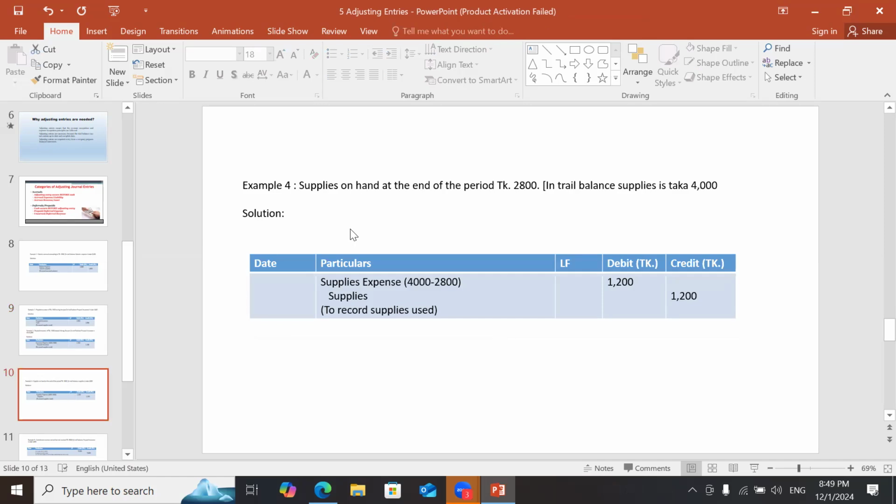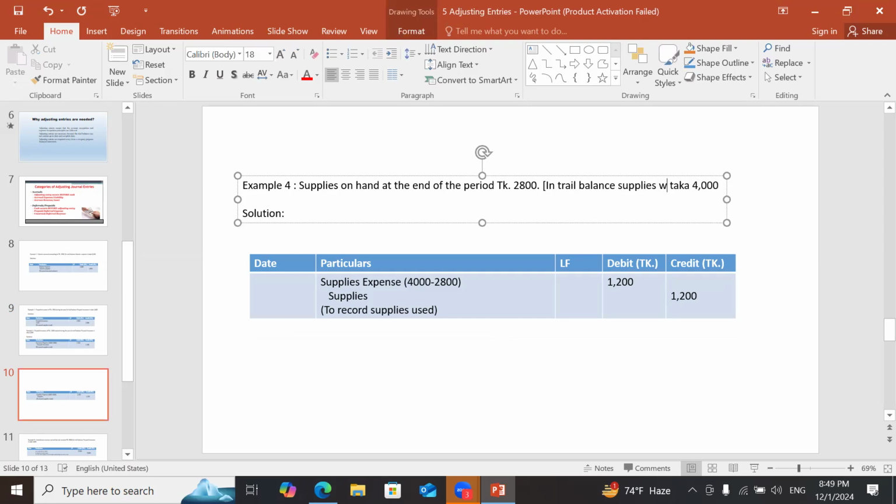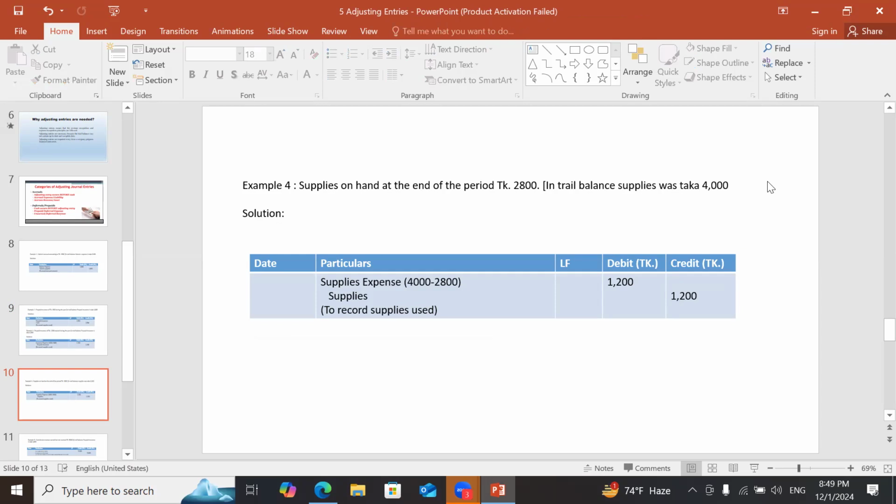Another one: supplies on hand at the end of period 2,800. In trial balance, supplies was taka 4,000.